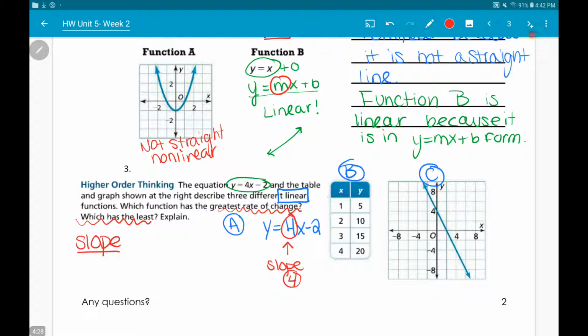All right, I'm going to do my table now. So I see that my table goes up 5 and up 1. So my change in y divided by change in x is 5 divided by 1. So that gives me a slope of 5.